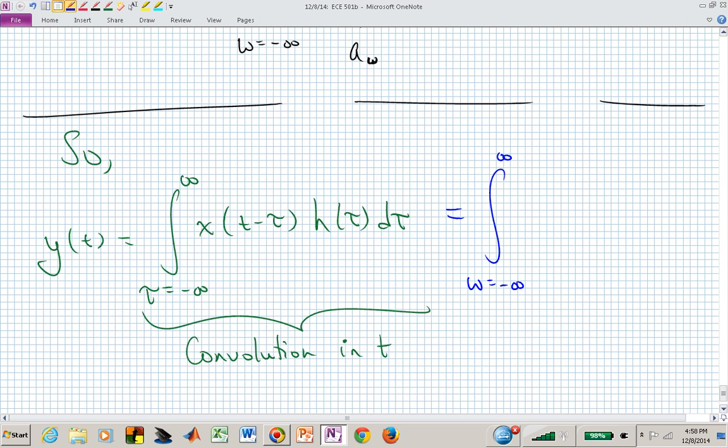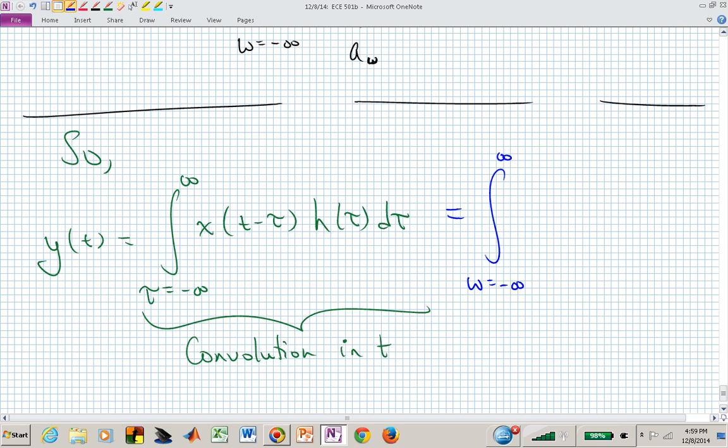In another way, you could say, well, y of t, if you give me the frequency content or the eigenvalues of y in the frequency domain, the capital Y of omega, I can then tell you what y of t is.